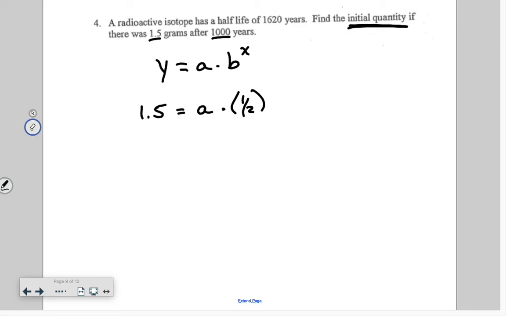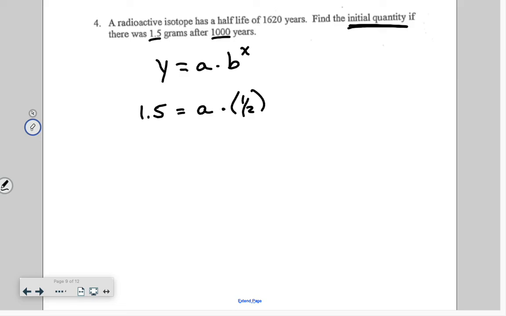And now here's why I showed you earlier the second way to do that one problem. Am I taking a half every year? Nope. I'm taking a half every 1,620 years, which means we've got that fractional exponent again.